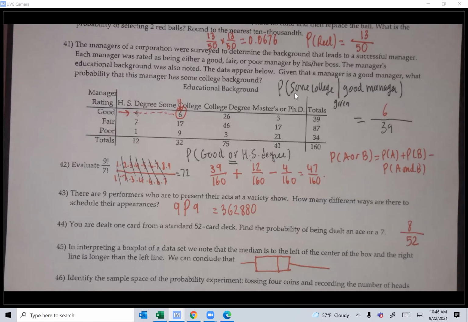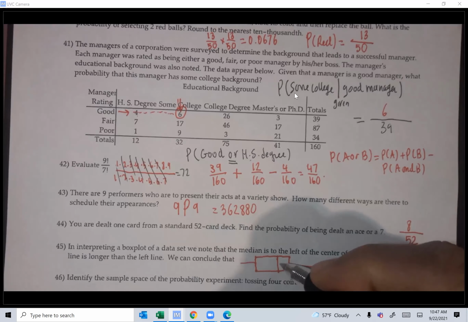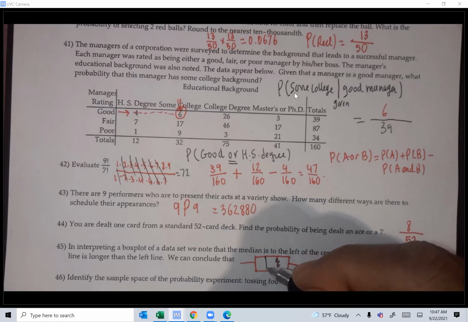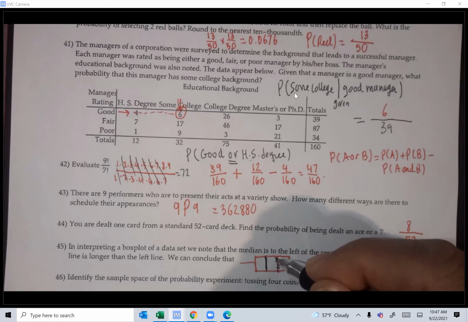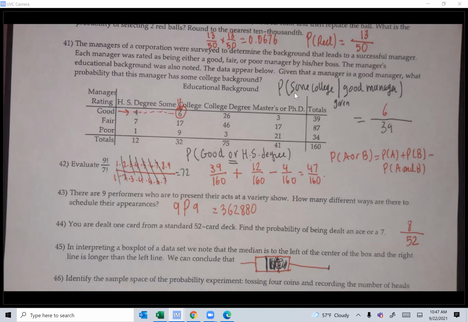Something like that. Oh, to the left of the center. Sorry, the median is not here. Sorry. Forget about this, guys. The median is right here. That's the median.